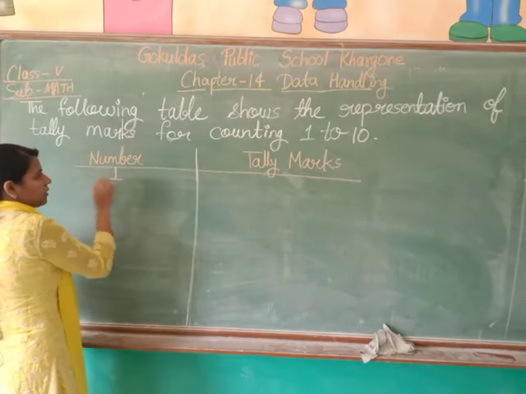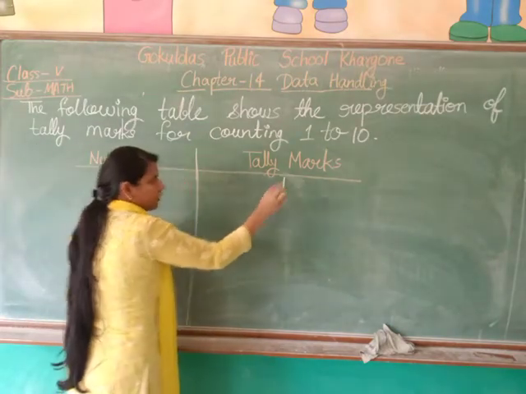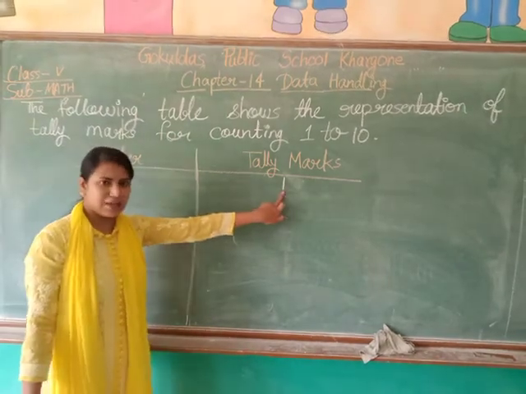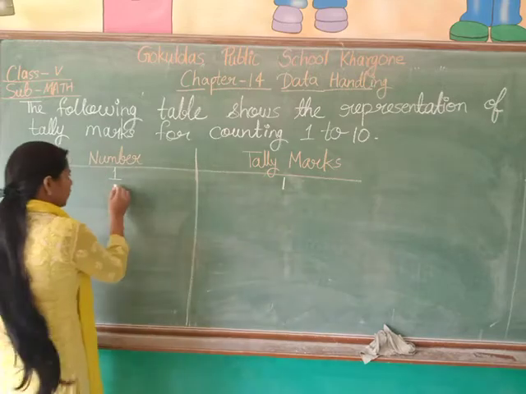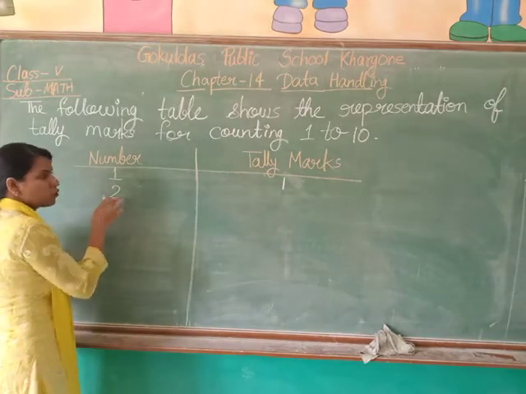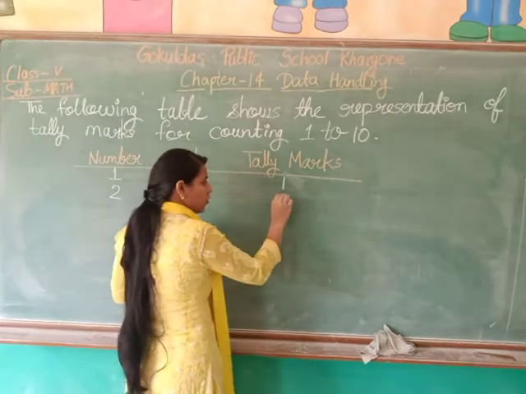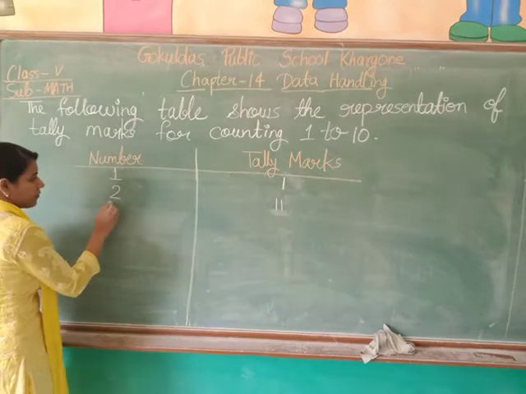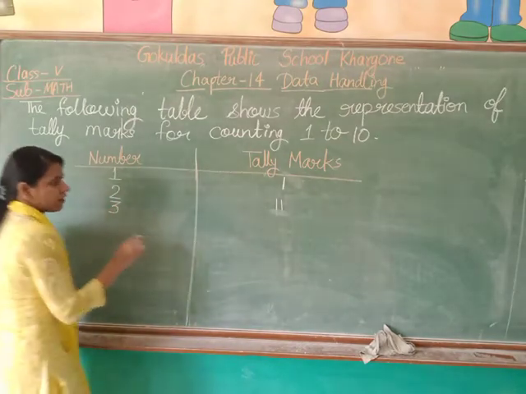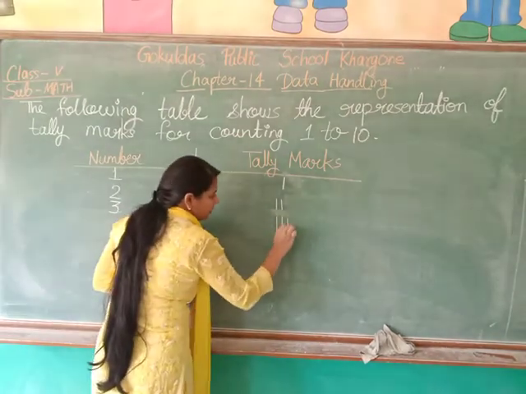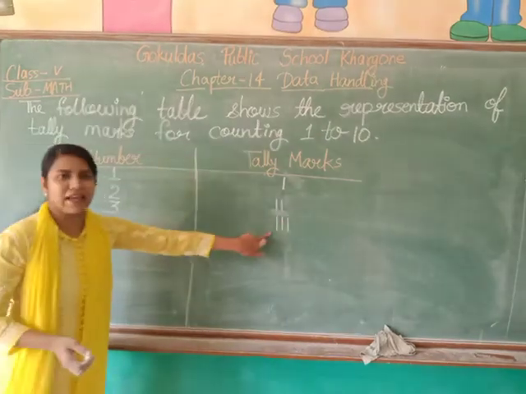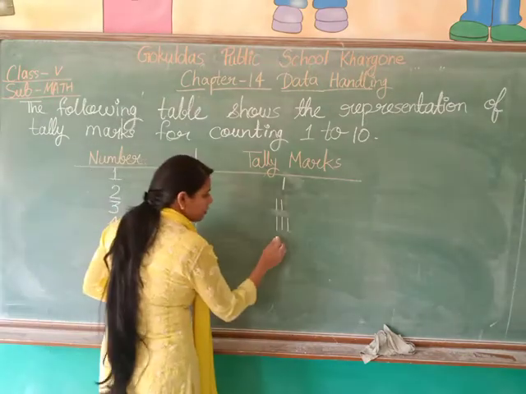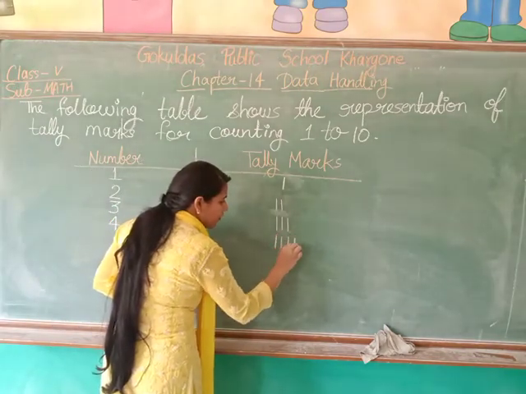To represent number 1, we will draw one vertical stick or one vertical line. It is the tally mark representation for 1. Now if I want to represent number 2 by tally mark, what will I do? I will draw 2 sticks. If I want to show 3, 1, 2 and 3. These are representations of tally marks. Now if I want to represent 4 by tally marks, I will draw 1, 2, 3, 4 sticks.